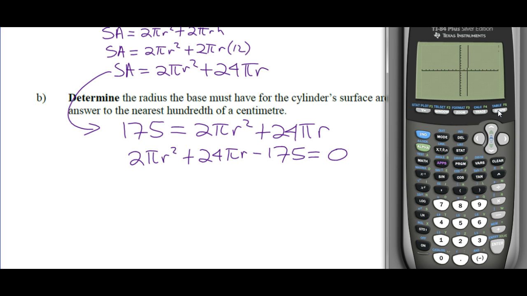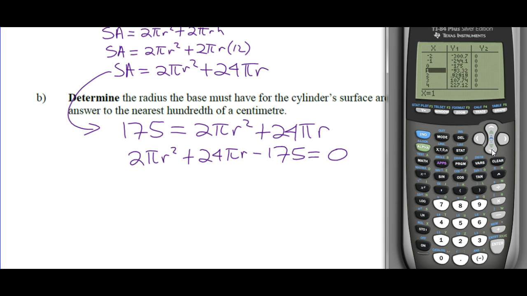Okay, so there's part of the graph. Now I don't know if the rest of the graph kind of goes over there. So we can go into the table just to get an idea, right? We're not interested in negatives, right? Because we're interested in a radius. So what I want is to know the value when this is 0, right?